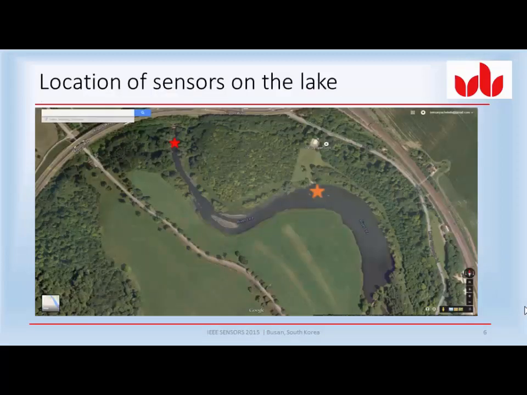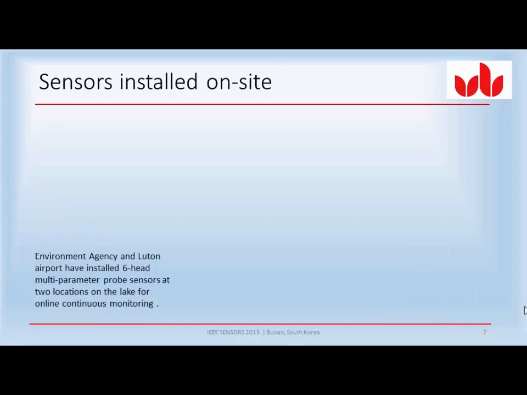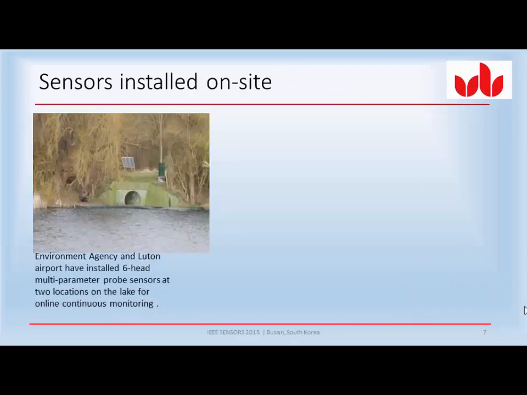This is the overview from Google Maps, how the lake lies and the location of the two sensors that we have on the lake. The two sensors were installed by the Environment Agency, the national agency in the United Kingdom responsible for managing all the surface waters.